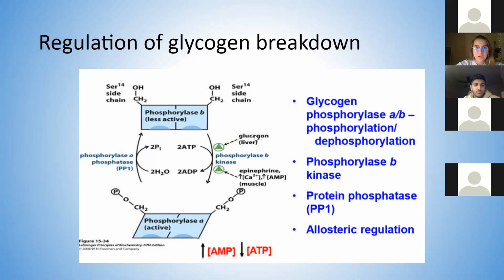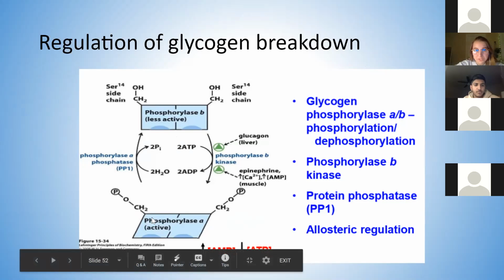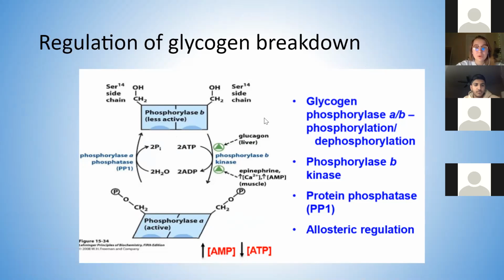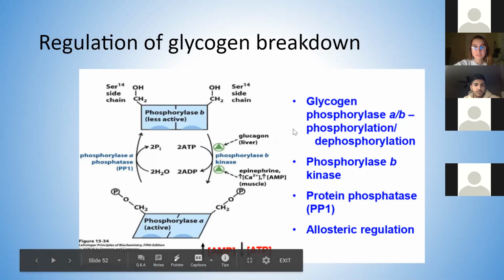So I'm just going to kind of verbalize what this diagram is trying to explain to us here. Essentially, when we have glucagon in our blood, it can signal to the liver. So glucagon will activate an enzyme which acts on glycogen phosphorylase AB. We learned that the enzyme phosphorylase B kinase is going to phosphorylate this enzyme, therefore activating it.